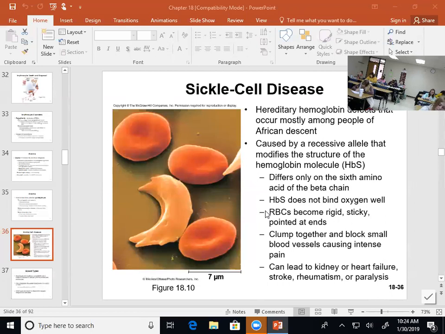No. So actually, this is how a trait that we tend to think of as being kind of devastating, right, is actually adaptive in the heterozygous condition because it's offering immunity to malaria. The protozoa that cause malaria, part of their life cycle is inside of a human's red blood cell.